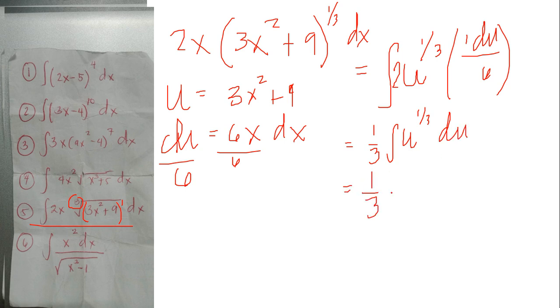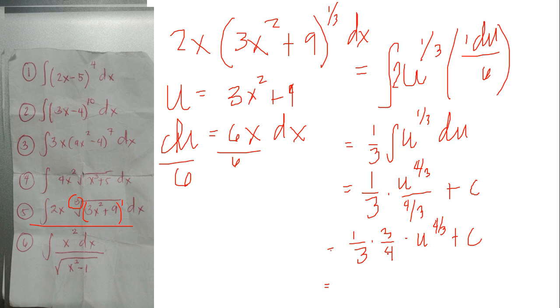Tapos integral na tayo. That is u raised to 1/3 plus 1. Is it 4 all over 3? Okay, tama. 4 all over 3. Tapos plus c. Then 1/3 reciprocal ng denominator. 3/4 times u raised to 4/3 plus c.